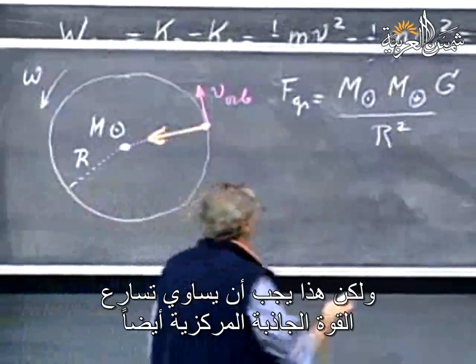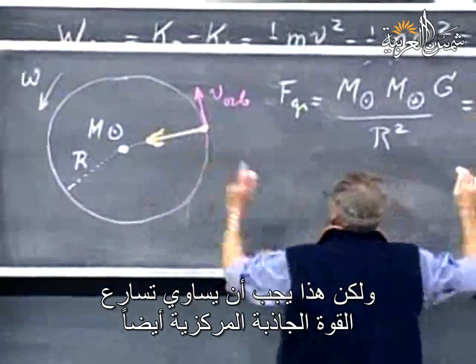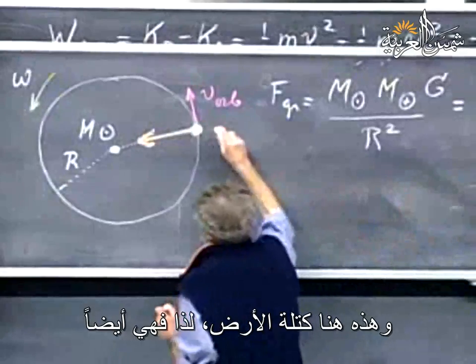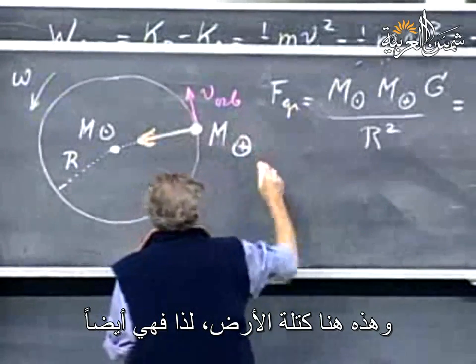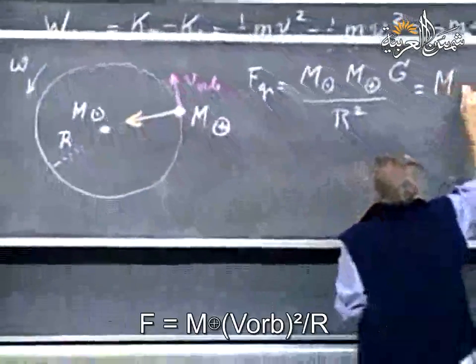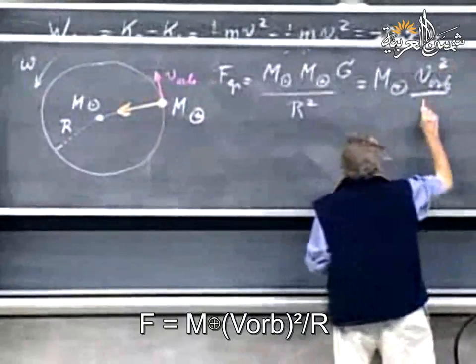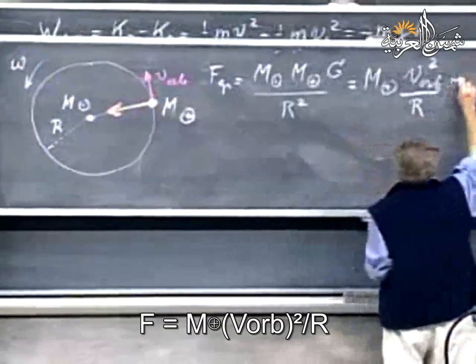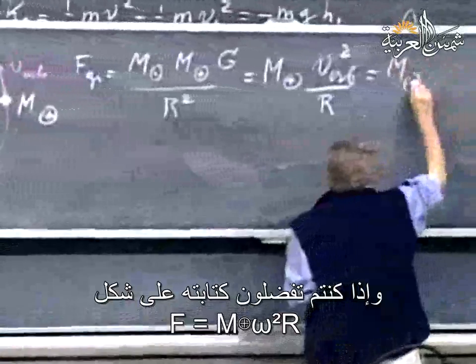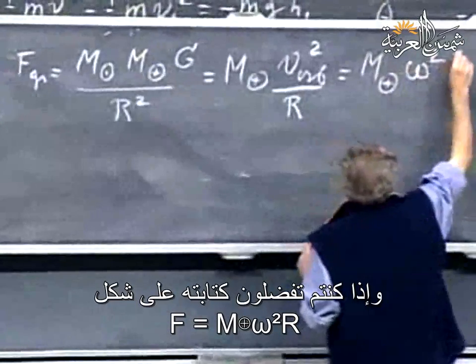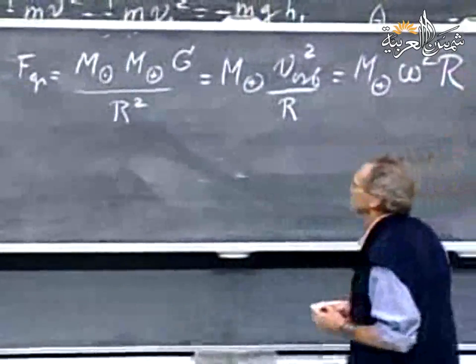But it also must equal the centripetal force, the mass of the Earth times the orbital speed, v squared, divided by the orbital radius, and if you prefer to write that in terms of omega squared r, that's fine too.